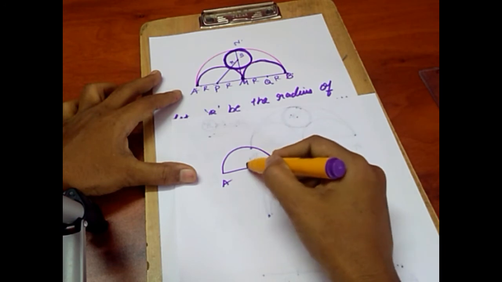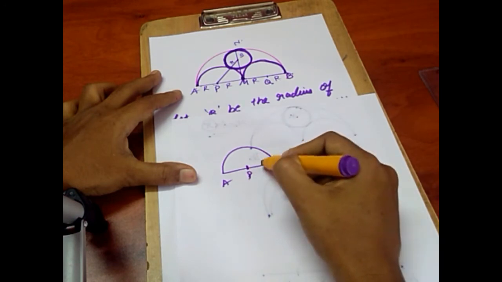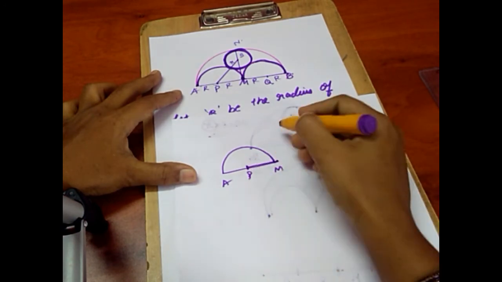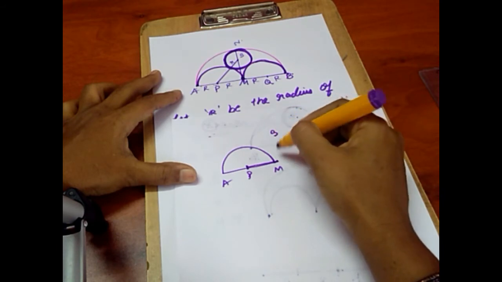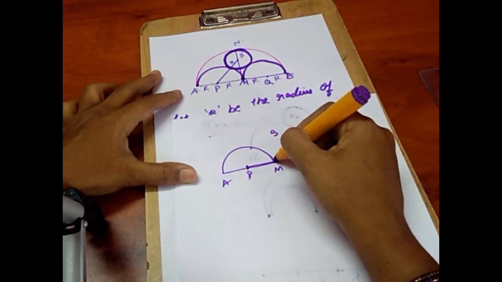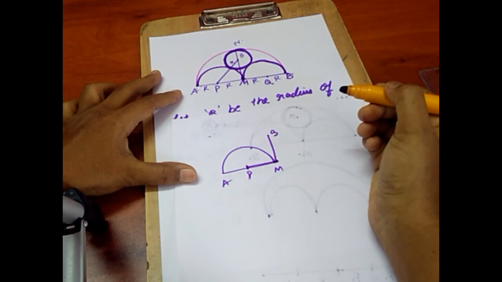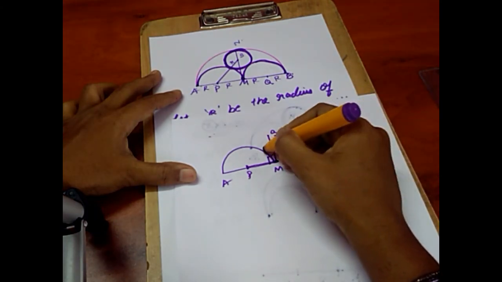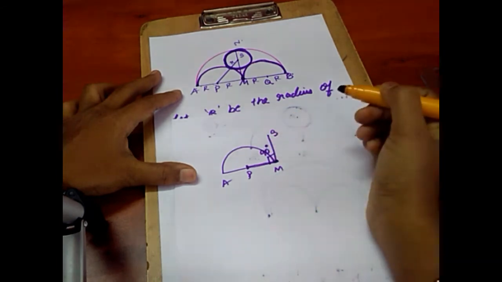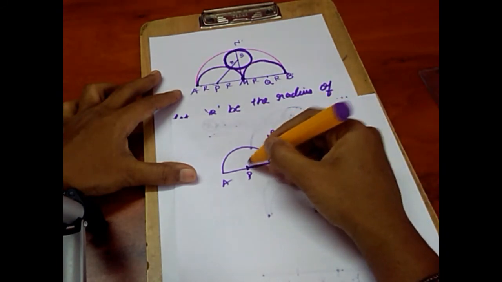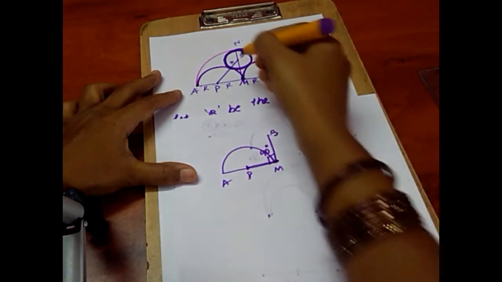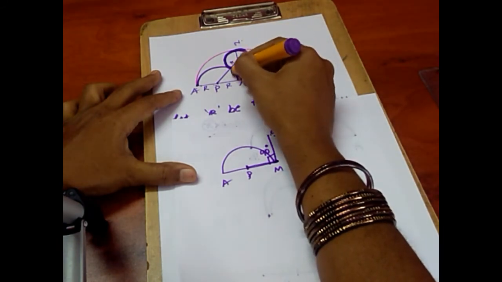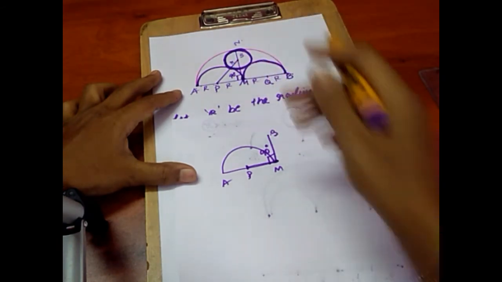For this semicircle, PM is the radius and S is an exterior point and a tangent SM is drawn. So what happens? Angle at the point M is equal to 90 degrees, the angle between radius and the tangent. Hence this part is equal to 90 degrees.